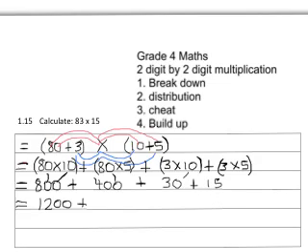So we can break it down to 1200 plus 30 plus 10 plus 5, and that will be 1245.